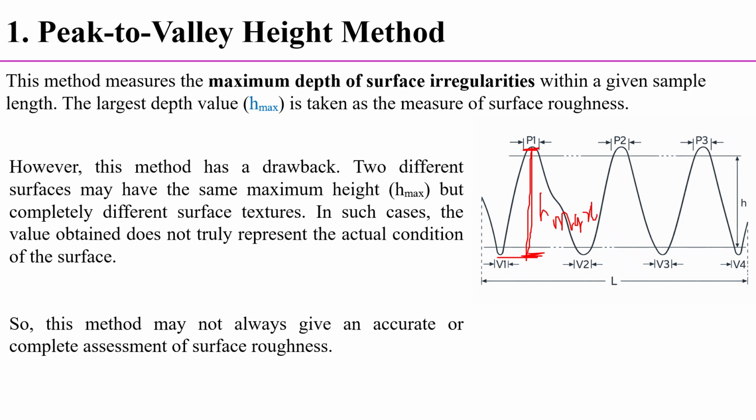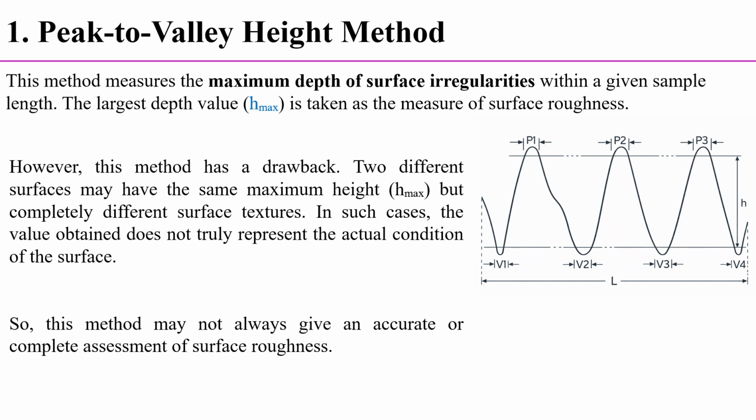But this method has one drawback. Two different surfaces may have the same maximum height but completely different surface textures, so in such cases the value obtained does not truly represent the actual condition of the surface.